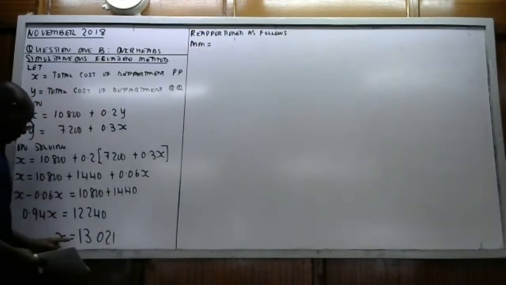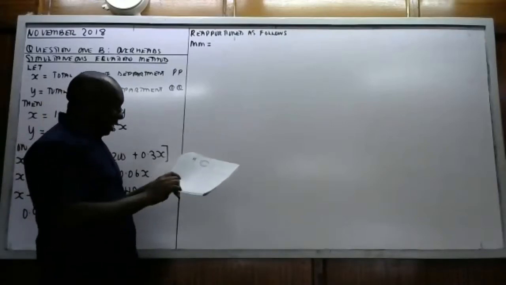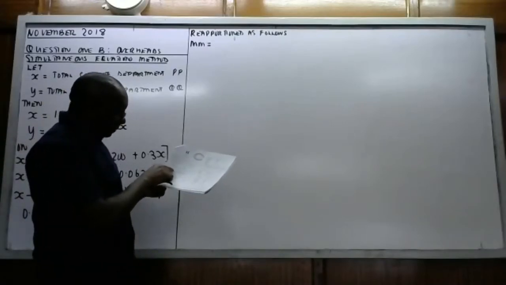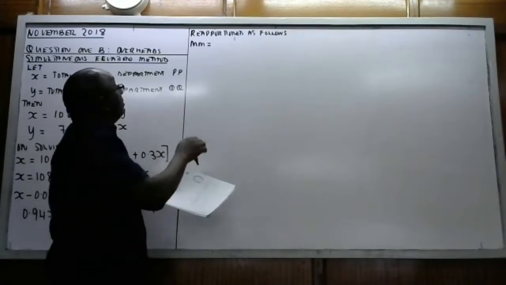Remember this X is for PP. So if you follow here for PP, you find PP is giving 50% to MM.